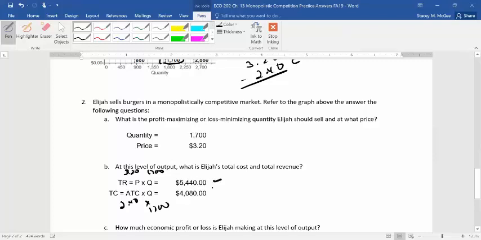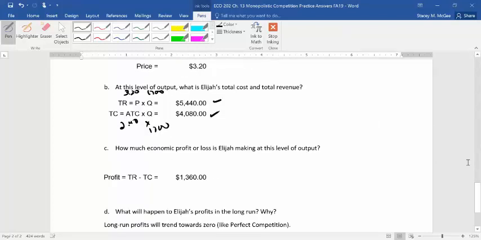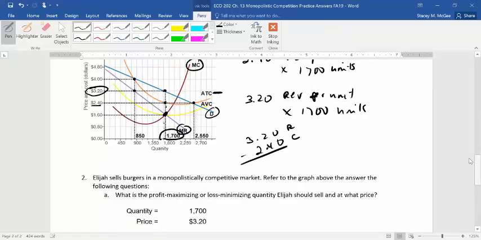So here's his total revenue, total cost. Subtract that. His total profit is $13.60, which we would see as this area right there. The area above the average total cost and below the price he's charging there.